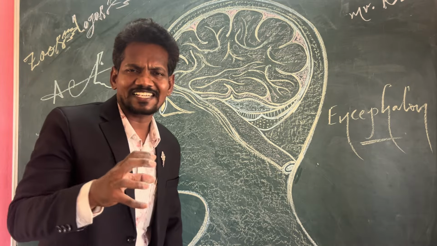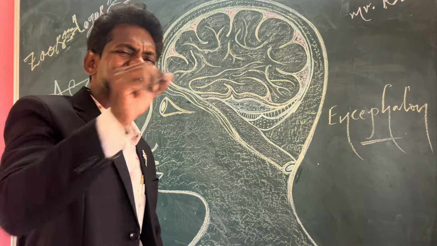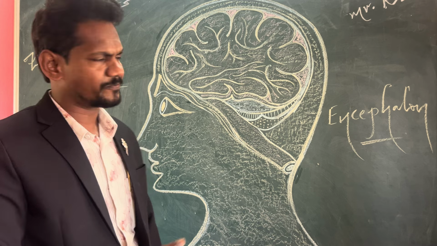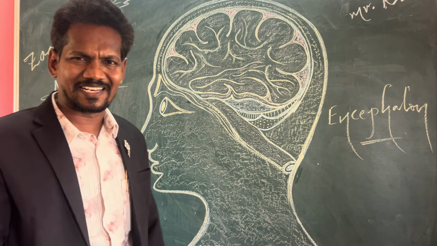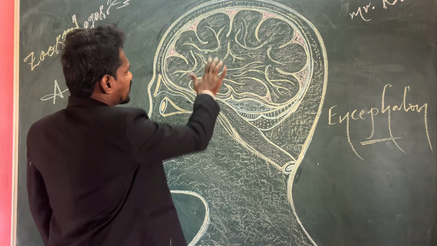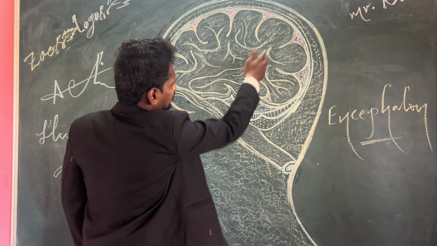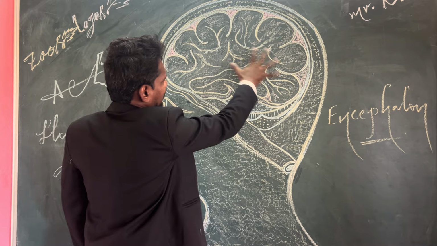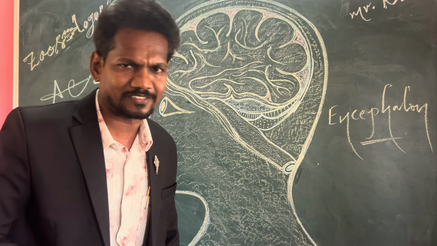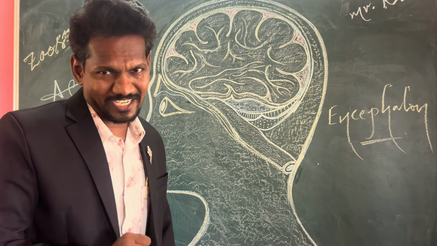Because in the cyton or soma of the nerve cells, Nissl's granules are found. Due to these Nissl's granules, the cerebral cortex appears grey in color, called grey matter. Followed by this, nerve cell axons are located, and the remaining part appears white in color, that is called white matter. Grey matter, white matter.